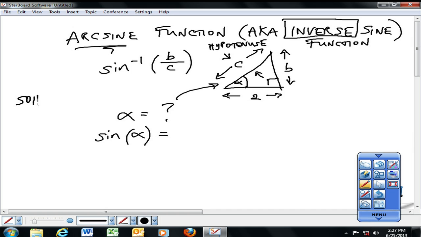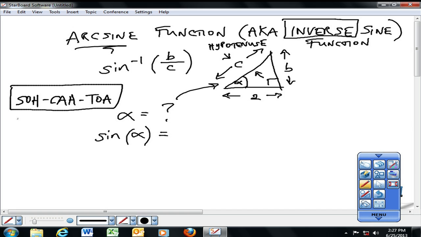Just recall SOHCAHTOA, this was our Chapter 22 fun. So the sine of alpha for this example is your opposite side divided by your hypotenuse.